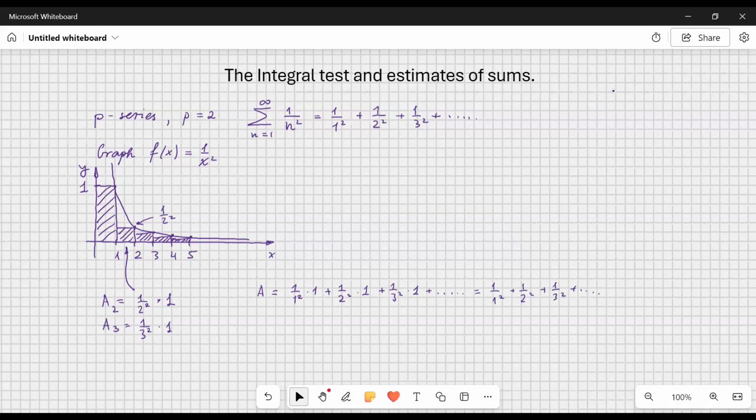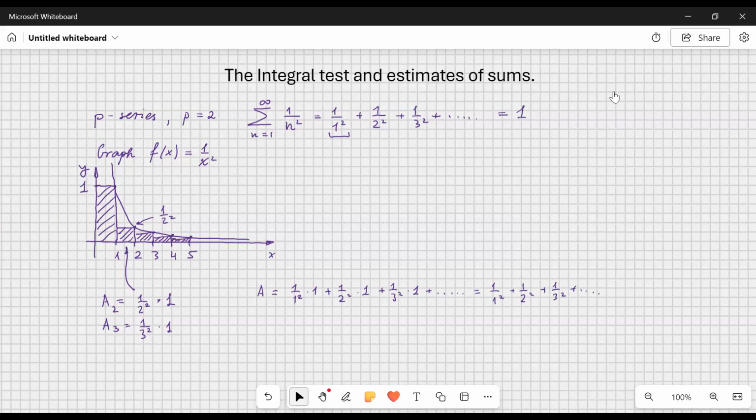So basically, the area of all these rectangles is nothing else than the sum of my series. What I'm going to do, guys, is separate the first term of my series and just write down this term as 1.